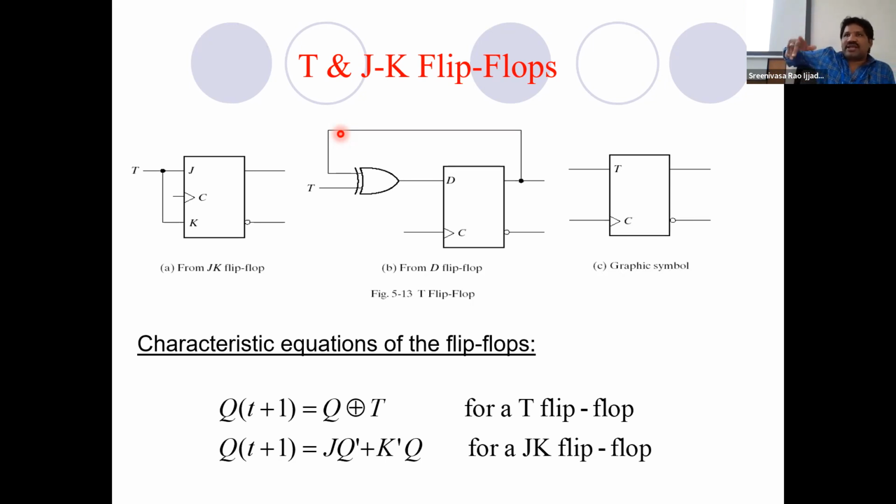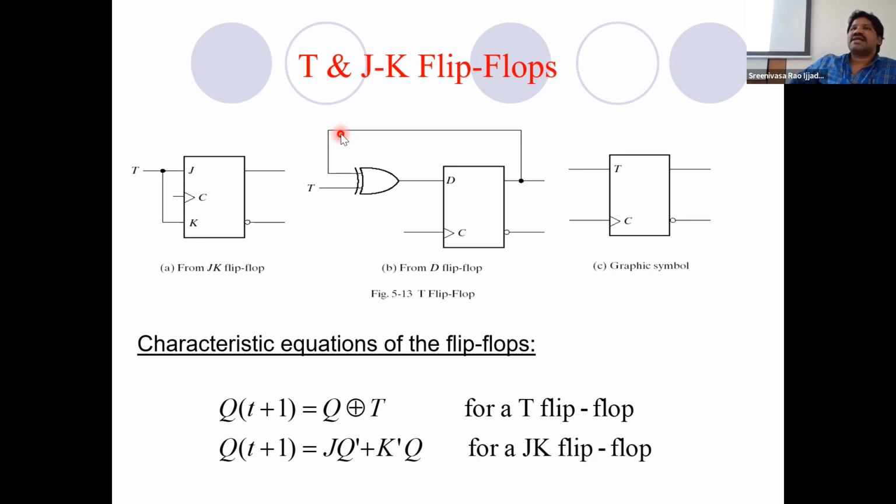If you simplify it, you will get the next state equal to J Q bar plus K bar Q. Don't say it is J XOR Q, because it is not J Q bar plus J bar Q. It is J Q bar plus K bar Q. Inputs are J and K, and the previous state is Q.